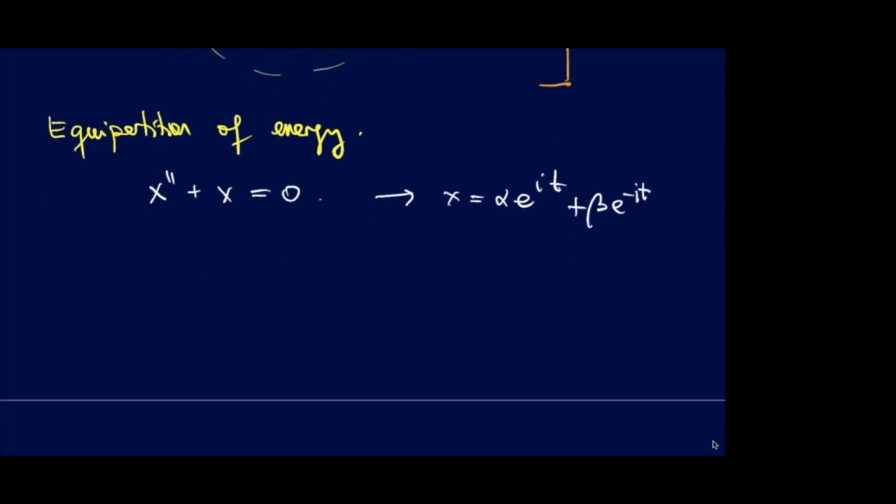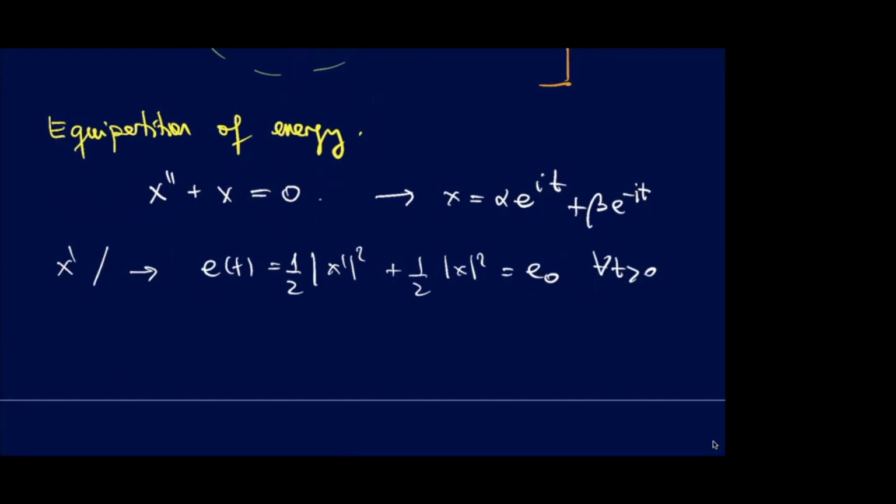And we know also, multiplying the equation by x prime, that the energy is constant. So this is a harmonic oscillator in which there is no dissipation, a pendulum that will oscillate with the same amplitude, the same velocity all the time.